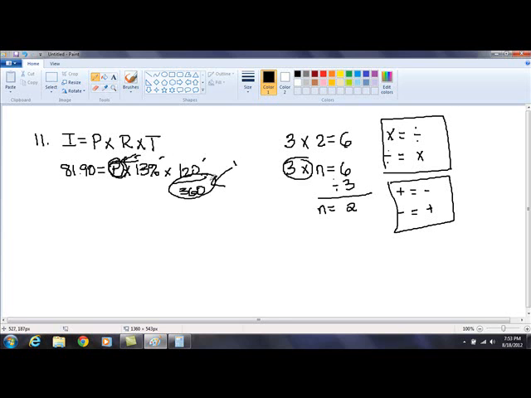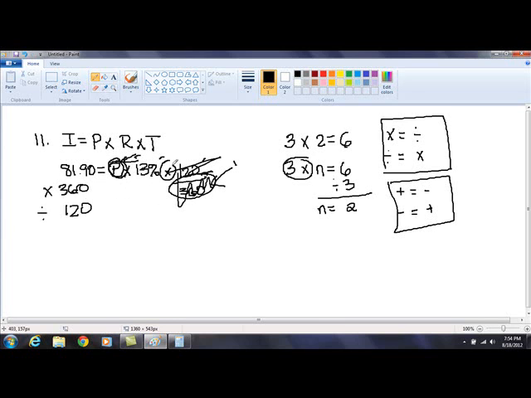Right now, I consider 360. 360 is currently being divided, so when I bring it across the equal sign, I will multiply. Now 120 is being multiplied, so to bring it across, I will divide.